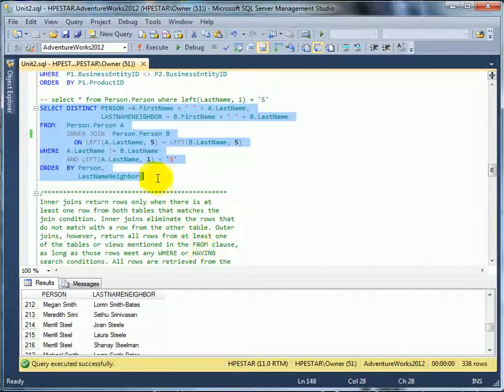Since we are joining on the first 5 characters of the last name, we see that Steele is a last name neighbor of Steele, which is spelled with an E at the end.